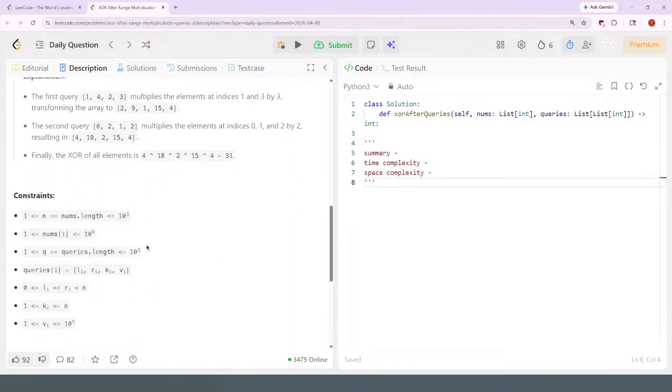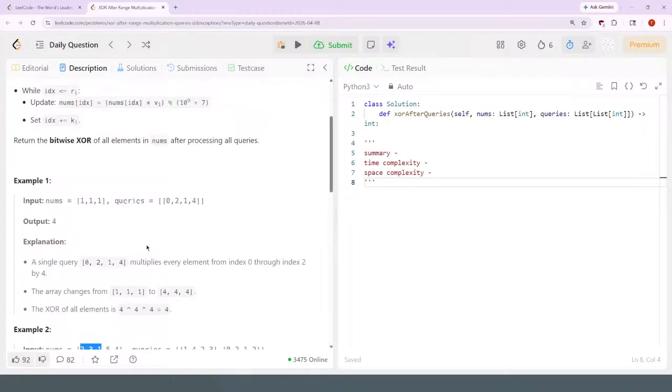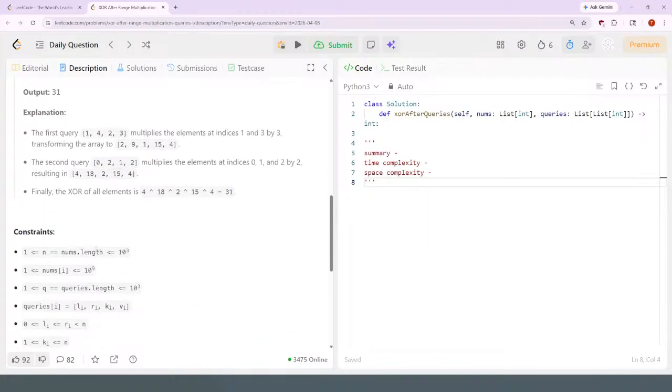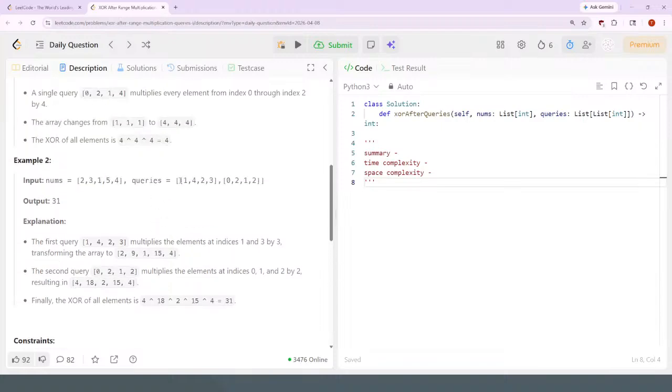Huh. Okay. I wonder if I just need to actually do the operations and everything. There's a shortcut. I'm not seeing it immediately. In terms of processing each query, I think I might need to literally process every value in that range.